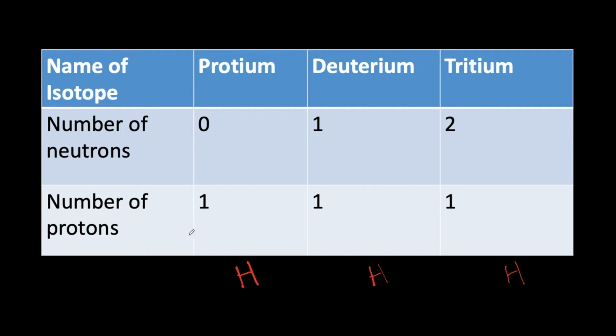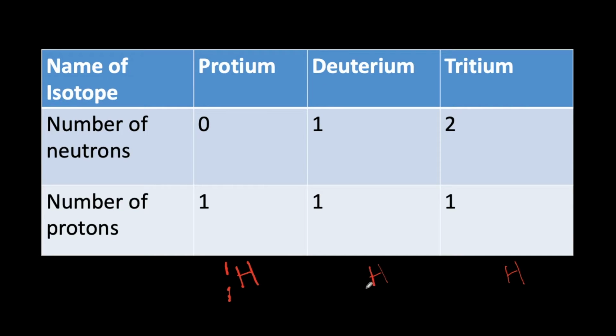Remember, our number of protons is our atomic number, and it goes on the bottom left. And our mass number, which is top left, is neutrons and protons added together. So protium, which is the most common atom that makes up hydrogen, has the nuclide notation 1, 1H.